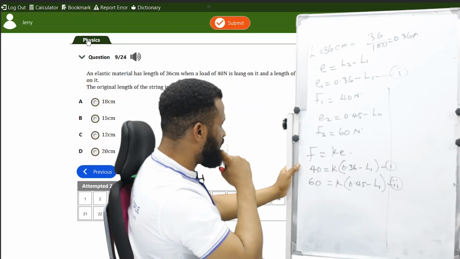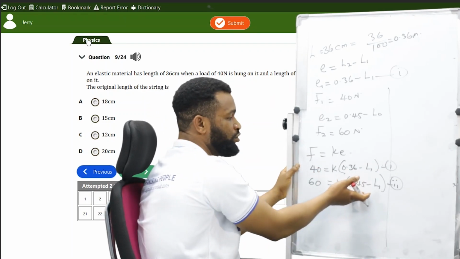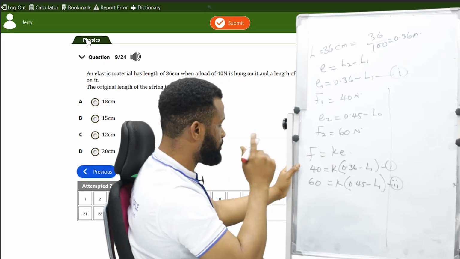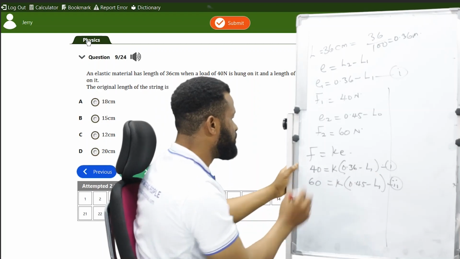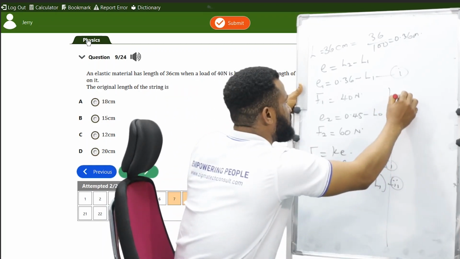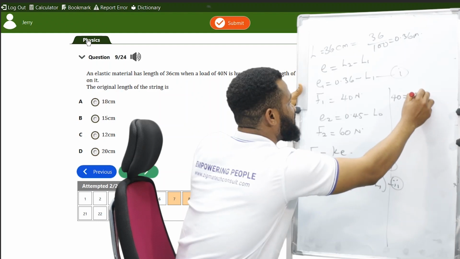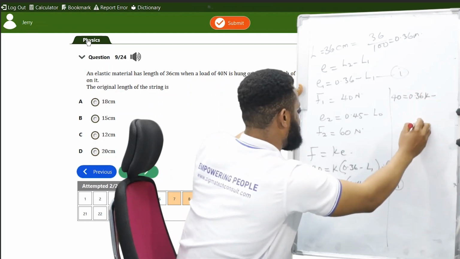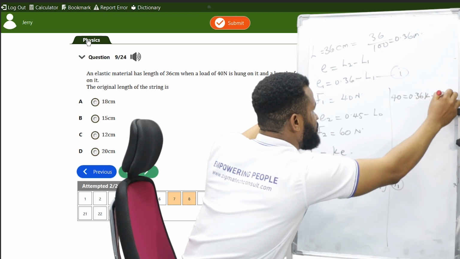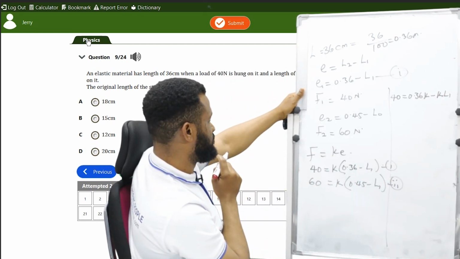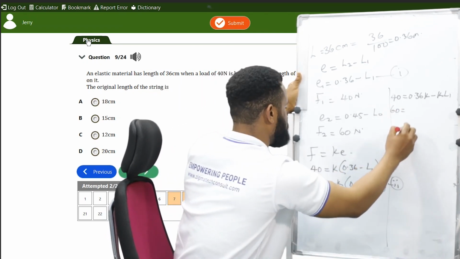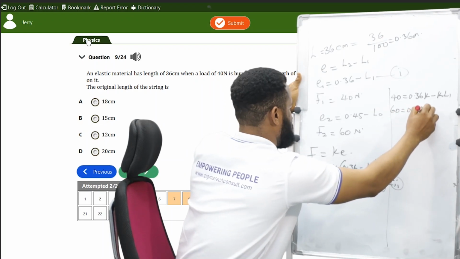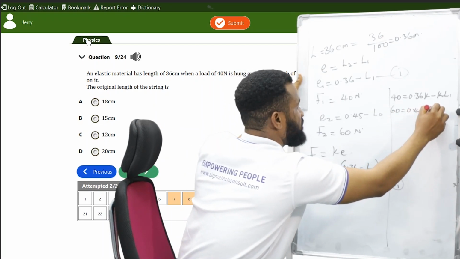So I'm going to divide the equation 2 from equation 1. But if I do that, I am going to know. So let us open the bracket first. What I'm going to have is 40 is going to equal to 0.36 K minus KL1, and also going to have that 60 is going to be equal to 0.45 K minus KL1.